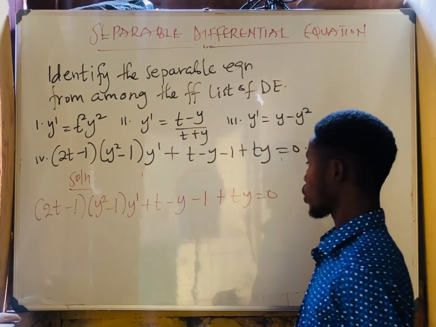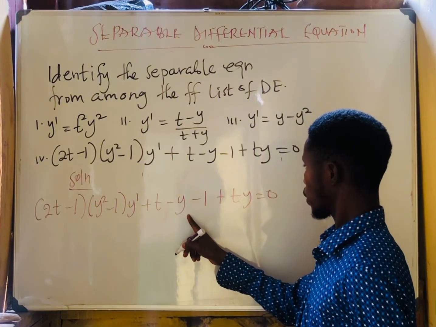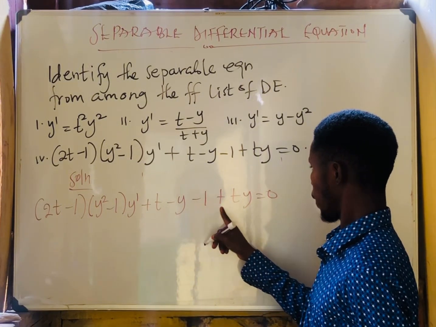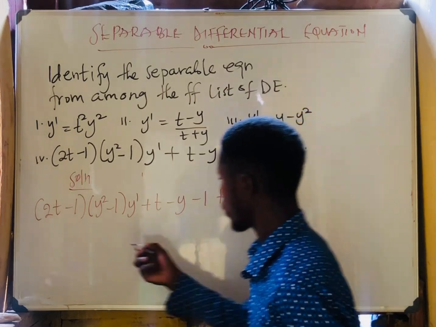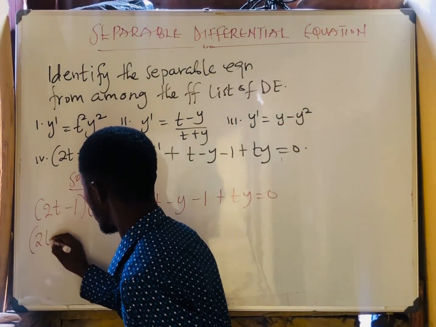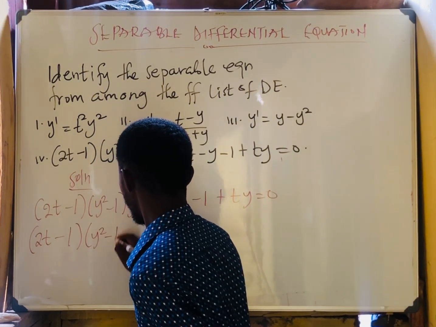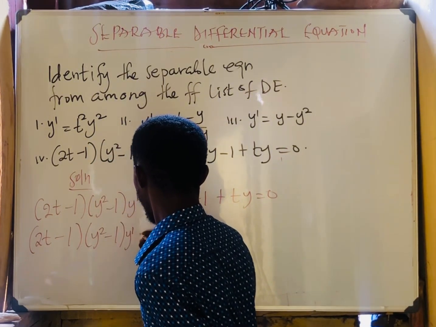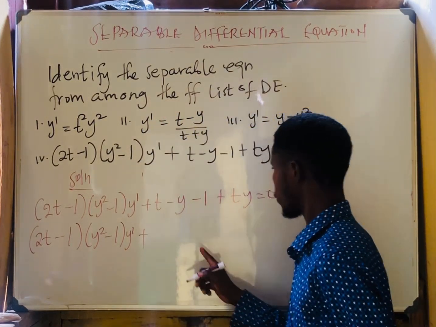Now what you are going to do here is that you realize this t minus 1, y minus 1 plus ty, we can regroup them. So if you want to regroup this, what you are going to do is that we have 2t minus 1 y squared minus 1 y prime plus, so I'm going to regroup this one.